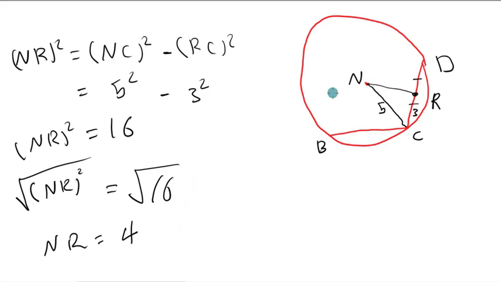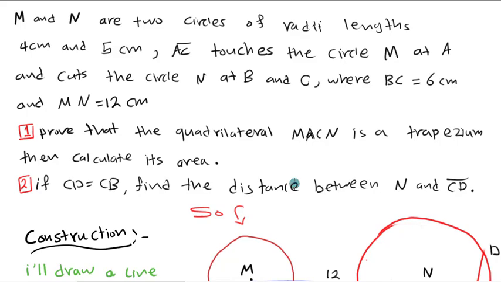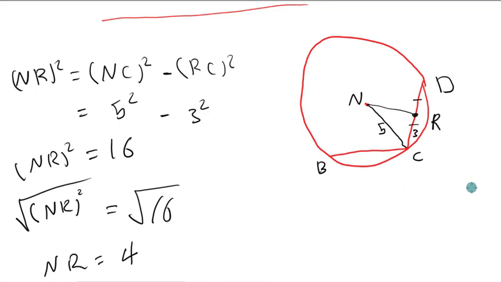Then the distance between N and CD equals 4, and that's all for the second requirement.